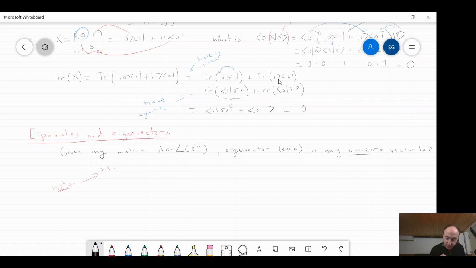I'll use this abbreviation throughout the course.) So such that A|ψ⟩ is equal to λ|ψ⟩ for some λ in the complex numbers. In this picture, this is the eigenvector, and this is the eigenvalue.